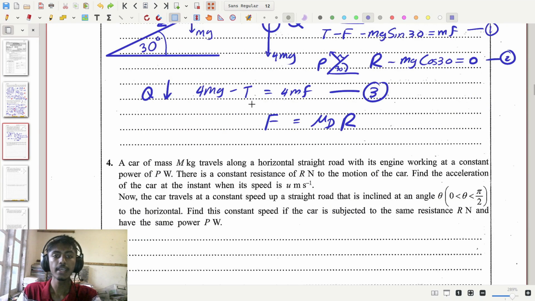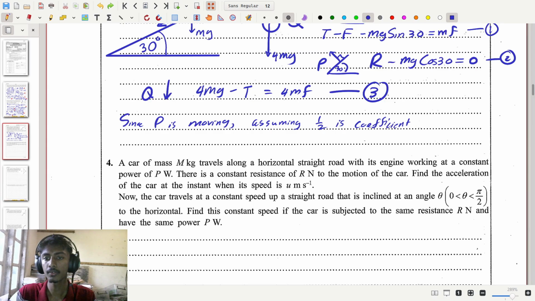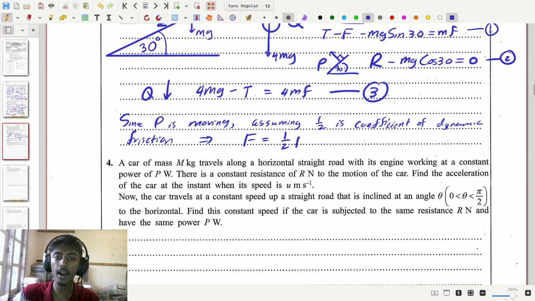Now, due to this, in our answer sheet, I'm going to write, since P is moving, we can assume half is the coefficient of dynamic friction, and according to that, we can assume that F is equal to 1/2 R, and that is going to be our fourth equation.